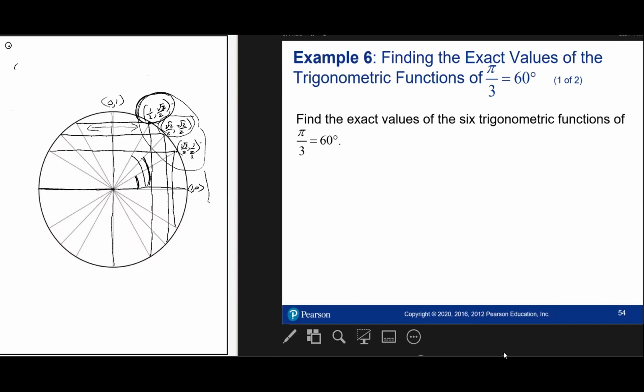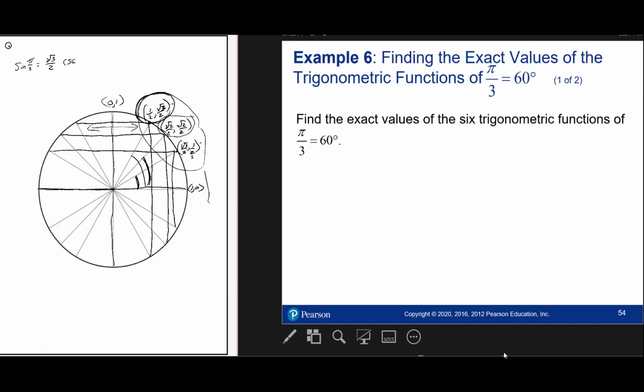And so they want the sine of 60 degrees, which is the y value. So that's the square root of 3 over 2.